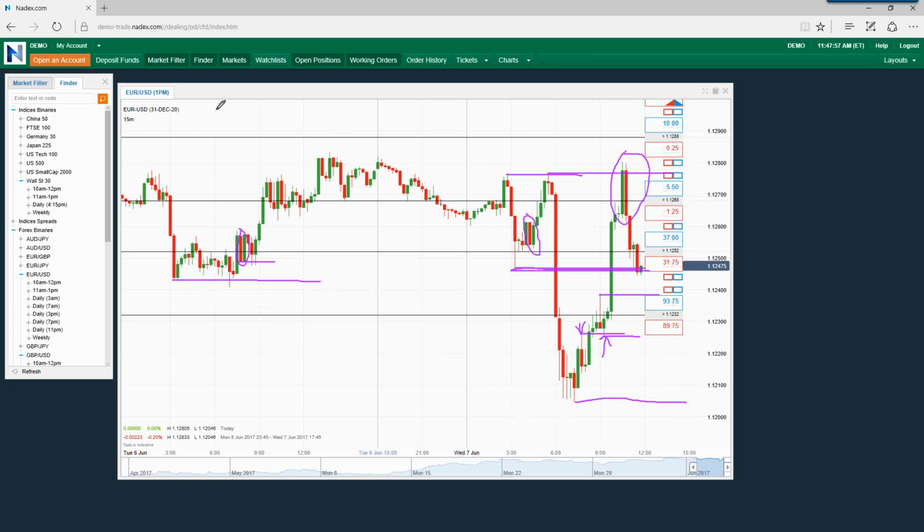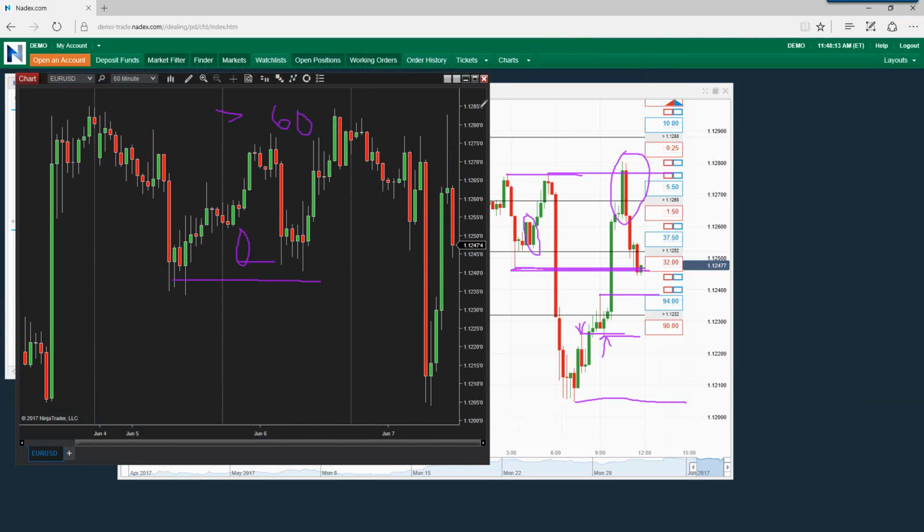Now, would this be better if you were going into a 60-minute reversal pattern? Oh, yeah, it would be. See if I can bring up 60. So do you see how they had this 60-bar reversal pattern right here? Do you see the move off of that?